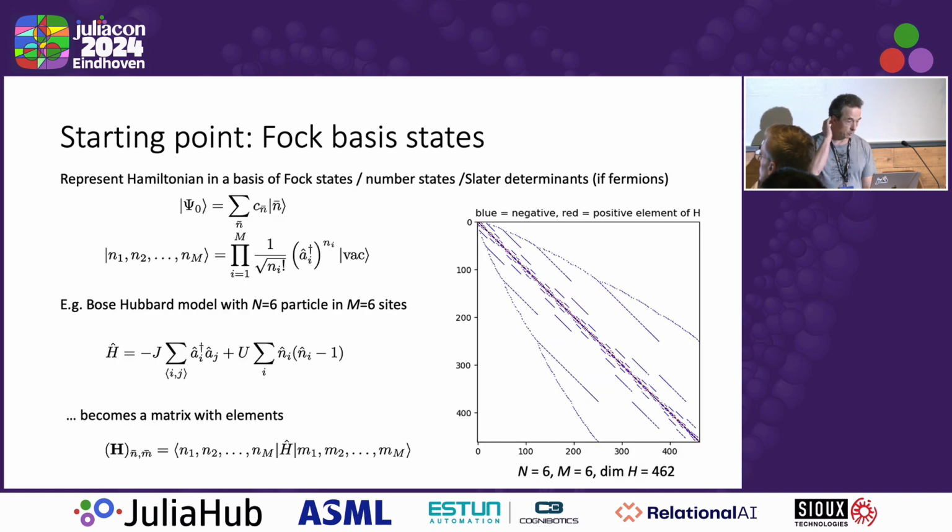Right, so the starting point is a Fock space basis. So we have a many-body quantum state, psi naught, using physics notation here, and maybe we'll switch to more linear algebra notation later. So there's a coefficient vector, and there are basis states. These basis states are Fock states. Here's an example of bosonic Fock states, but they could be bosons, fermions, anything. One particular problem that I'll show you examples with is the Bose-Hubbard model.